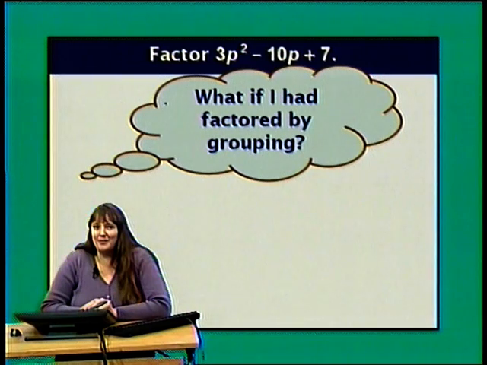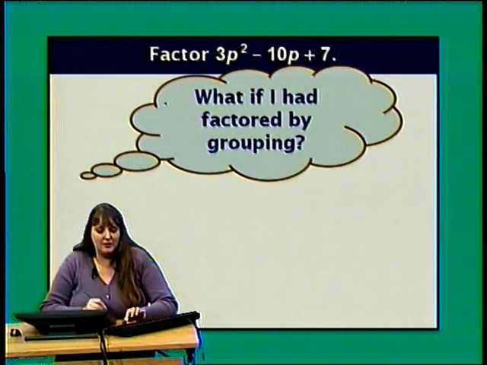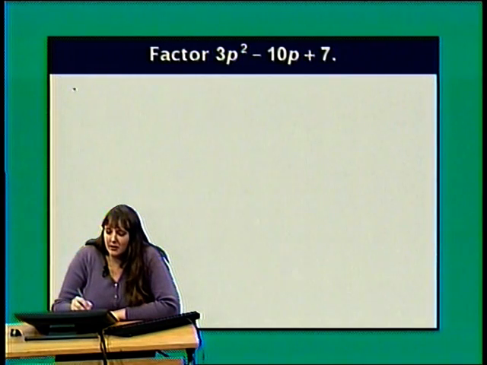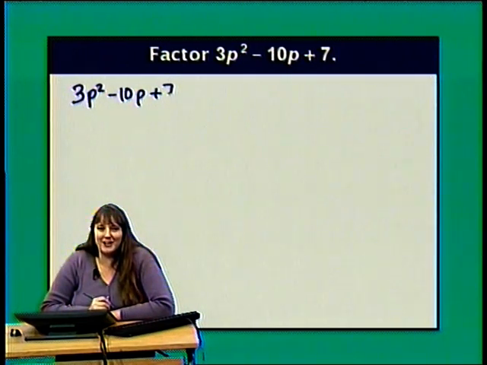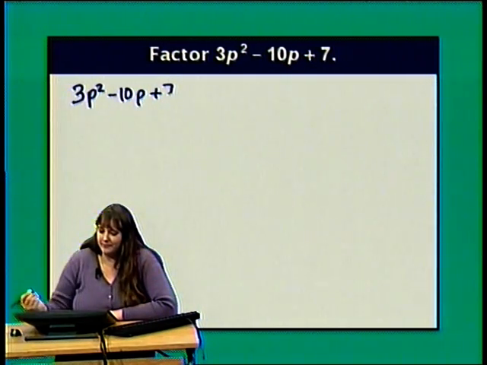This looks like the problem that I just did, 3p squared minus 10p plus 7. The reason I pulled this up again is I wanted to think about what would have happened if I had factored by grouping. Well, let's try that. I made a choice to guess and check. Let's try grouping.